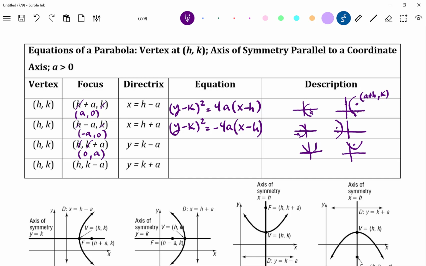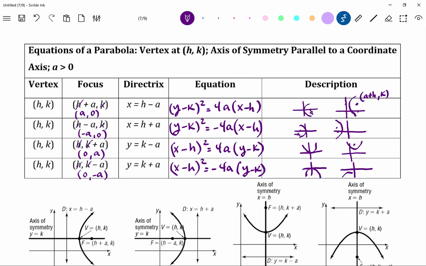So this equation is going to be the x squared equation: (x minus h) squared is equal to 4a (y minus k). And the last example, which is analogous to (0, negative a), is going to have the equation (x minus h) squared is negative 4a (y minus k), and it's going to be some kind of parabola opening down.